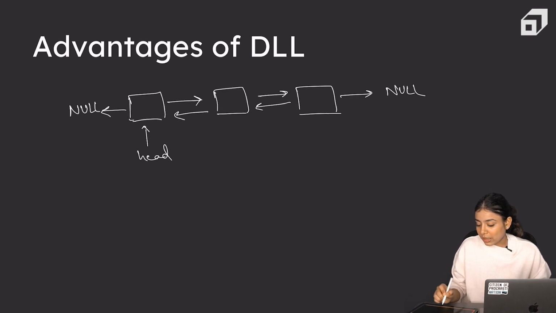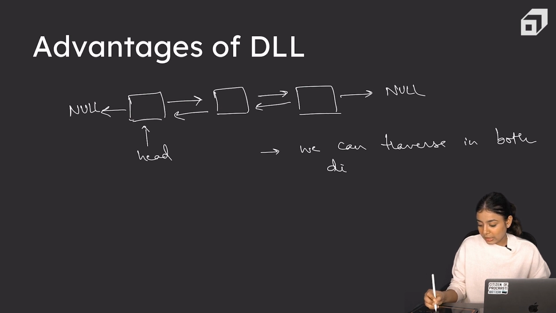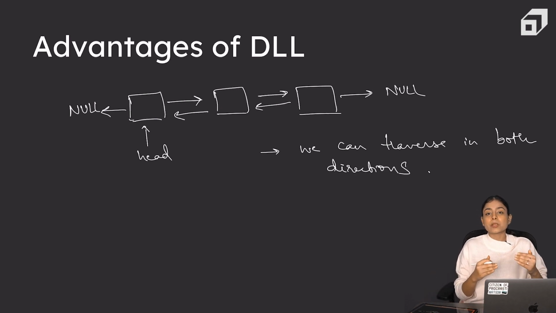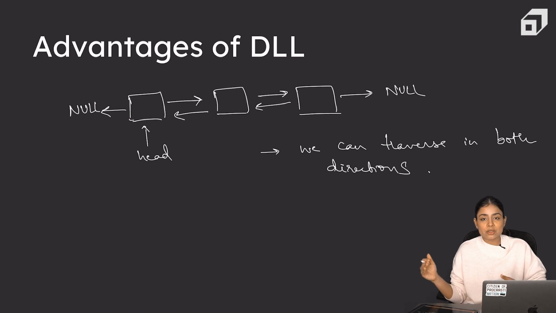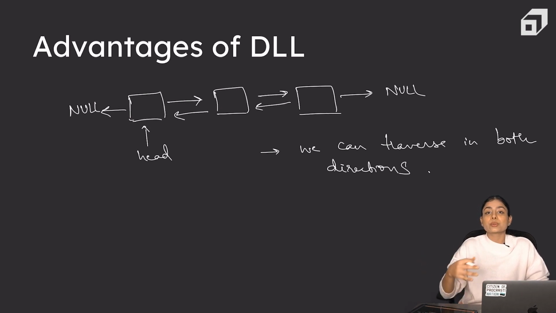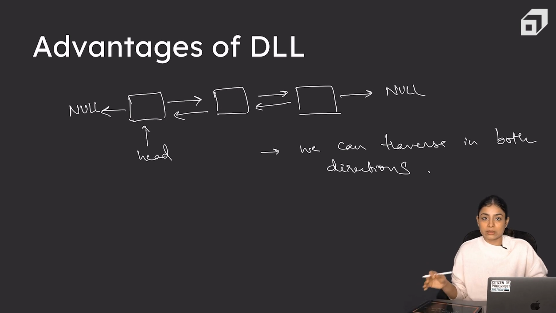Okay, so this is how you can imagine a doubly linked list. Now, what are the advantages of having a doubly linked list? In a doubly linked list, we can traverse in both directions. In a singly linked list, what was happening so far? We were only able to move in the forward direction because every node only had access or link to the next node in the list.